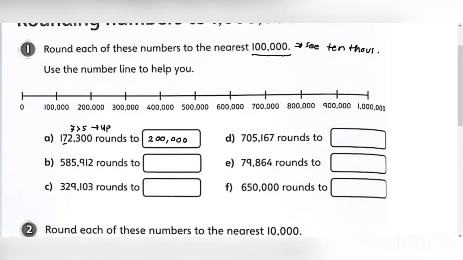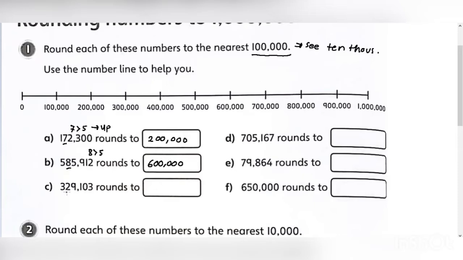Very easy. And then for the second one, we also need to see the 10,000. The 10,000 here is 8, and 8 is also greater than 5. So we round up; this 5 becomes 6. So the answer is 600,000. Next, we also see the 10,000.